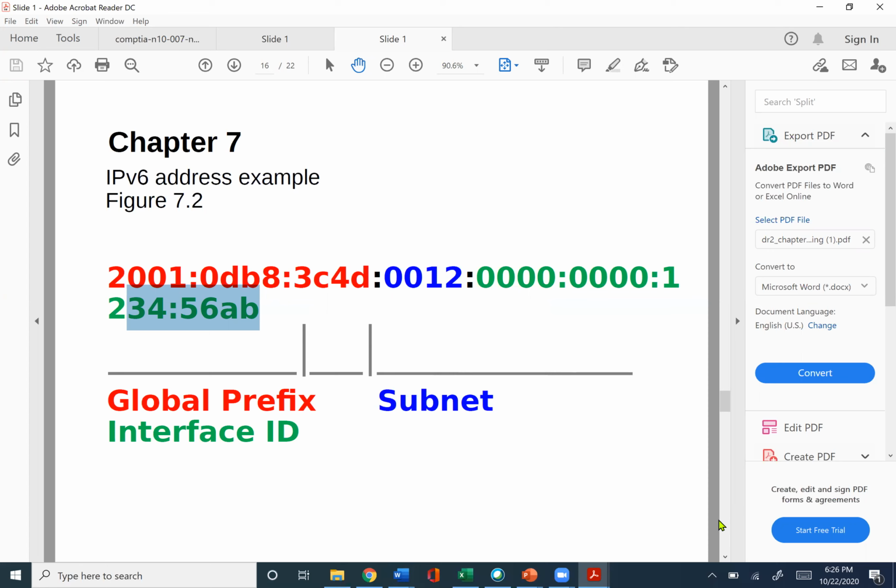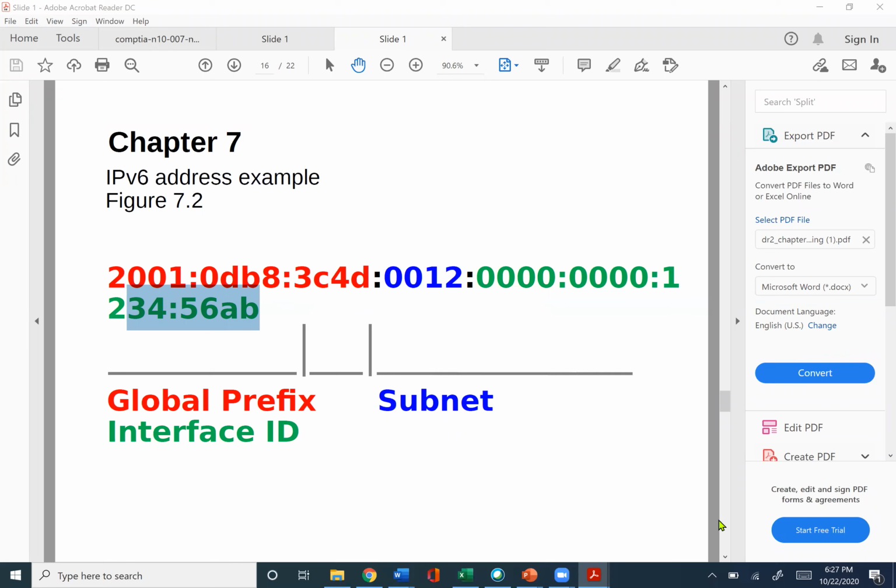All right. The next thing we will talk about is IPv6 again. The beginning of the IPv6 address is what we call the global prefix.